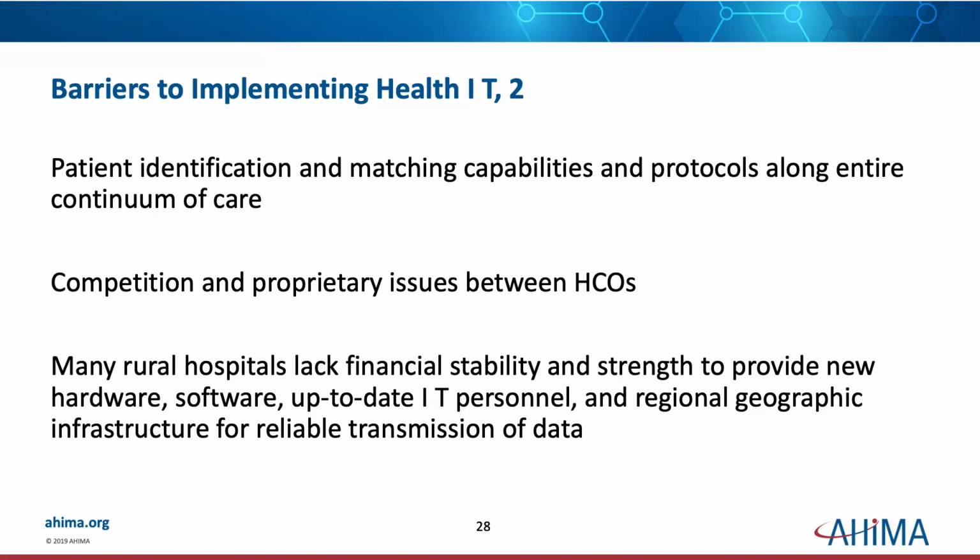Many rural hospitals lack the financial stability and strength to provide new hardware, software, up-to-date IT personnel, and regional geographic infrastructure for reliable transmission of data. Iowa has a lot of critical access hospitals, and critical access hospitals provide great services to the communities that they're in, but they don't have a lot of money.